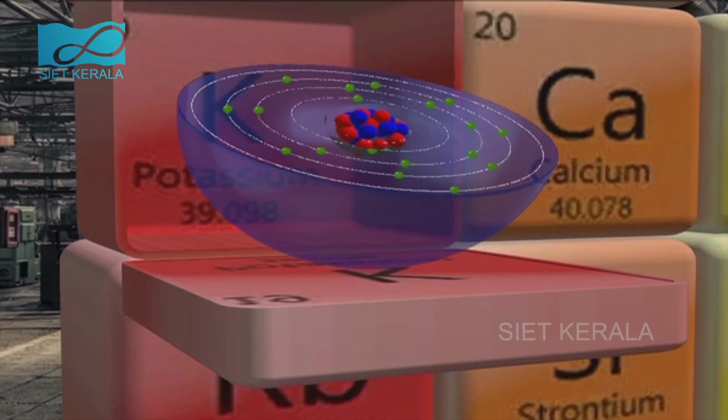This is because the outermost orbit can only accommodate 8 electrons. So, 8 electrons enter the third orbit, and the remaining 1 electron enters the fourth orbit. Hence, the electronic configuration of potassium, K, is 2, 8, 8, 1.